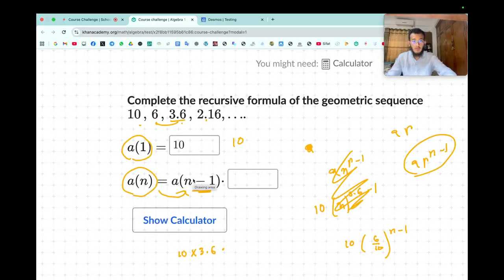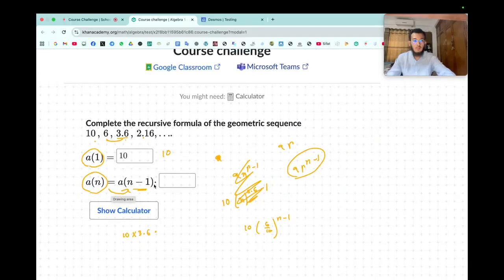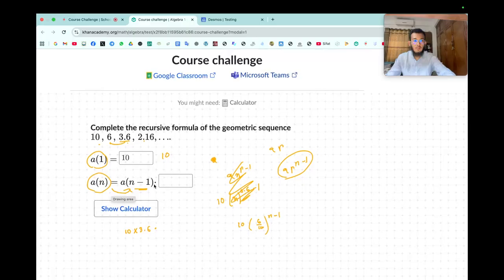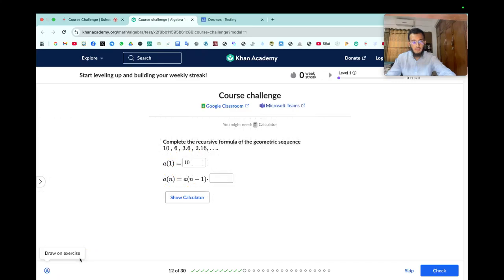but for the recursive form of the geometric sequence, we have a times the previous term times 6 by 10, I guess.